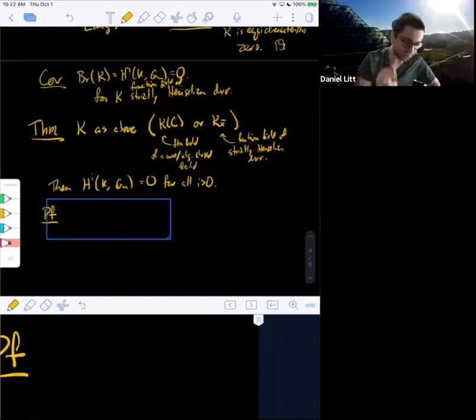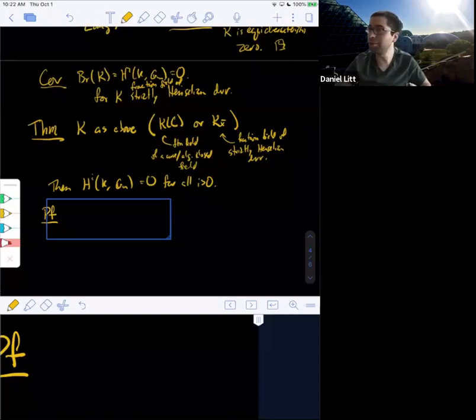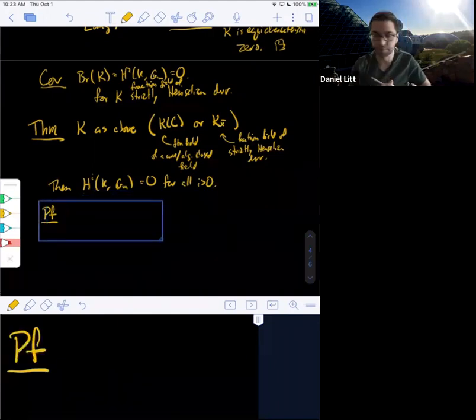This is a really fun theorem. It's going to use some facts from group cohomology, and I'll tell you what those facts are as we use them. If you're not super familiar with group cohomology, you should stop me and ask questions, because I'm going to be using it. This theorem is more or less due to Tate.